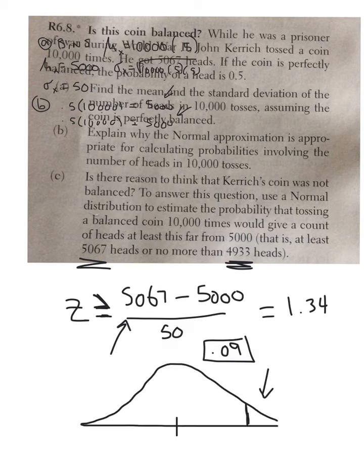So here we are. This is 5,067 or more, right? So that tells us 0.09 right there. So that is for that. But we do have to consider the other way, because if we got 4,933, that would be 67 in the other direction, which would also say, well, what if we have less than that?